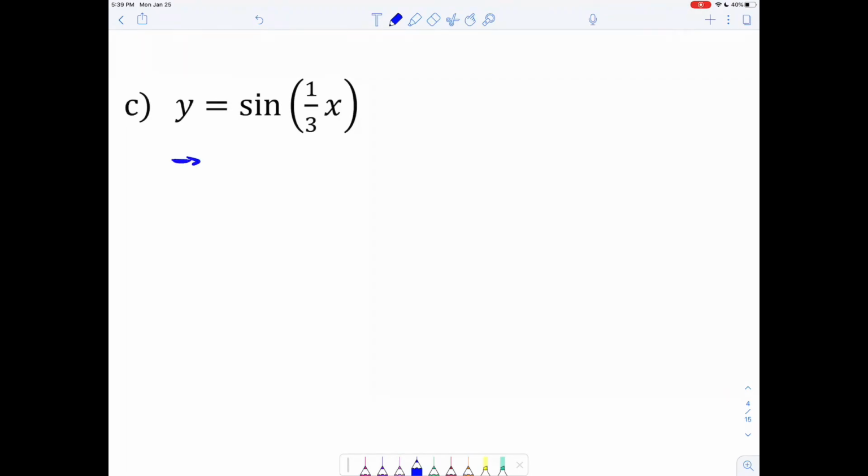Here we've got a horizontal stretch. Which means we're going to multiply the period by 3.